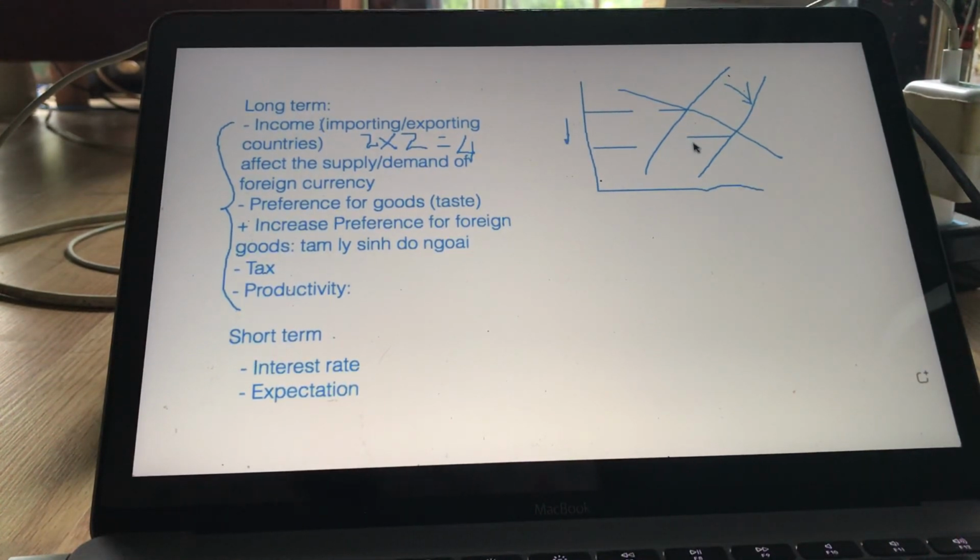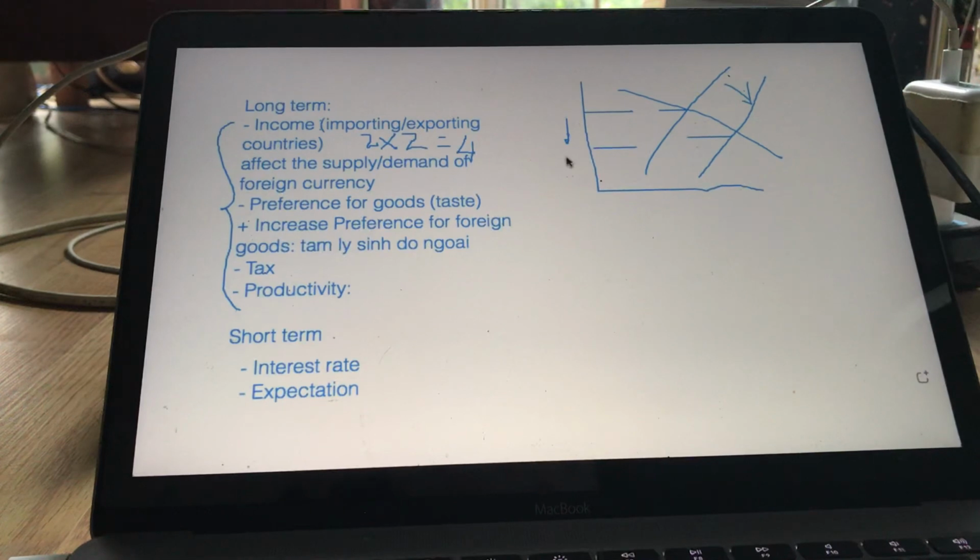And now we study the determinants of the exchange rate. In the long term, I provide you four terms: the income, the preference, the tax or tariff (tariff or non-tariff measure, both are okay), and productivity.